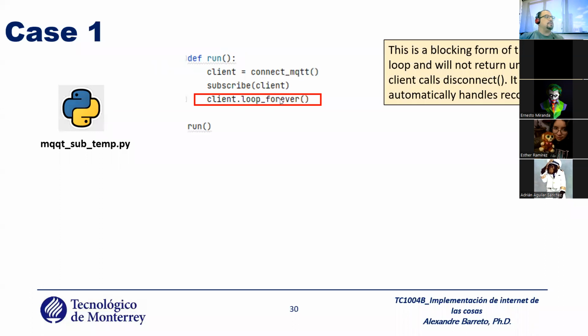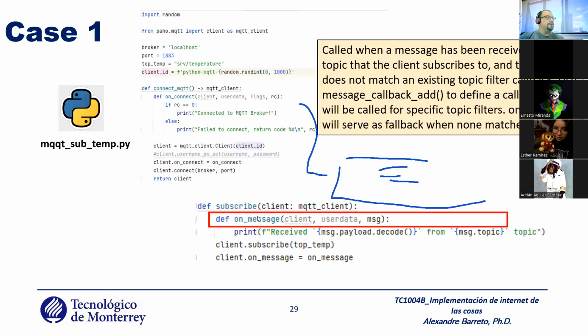You have the client loop forever. This client loop forever opens a new thread and waits for messages. Okay. For example, you subscribe to the topic, and when you subscribe to the topic, you start to wait for messages, for news about this topic.